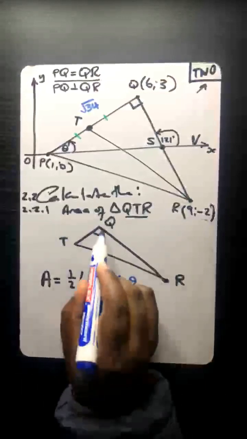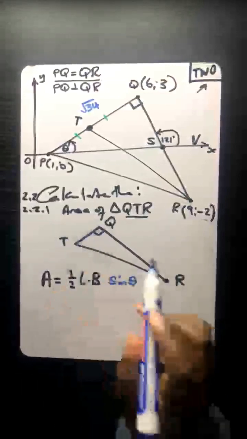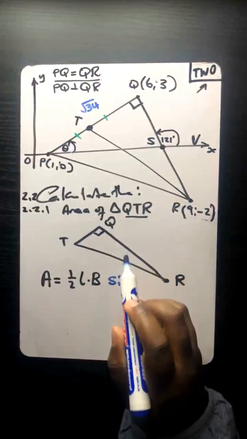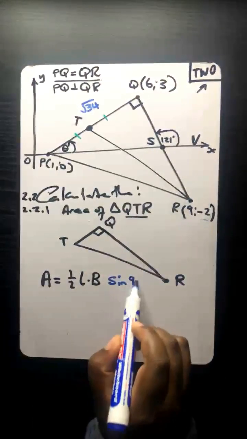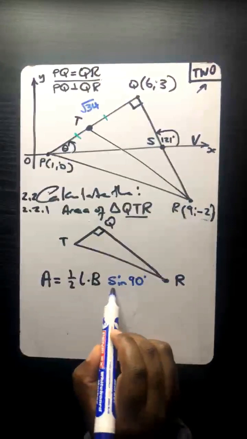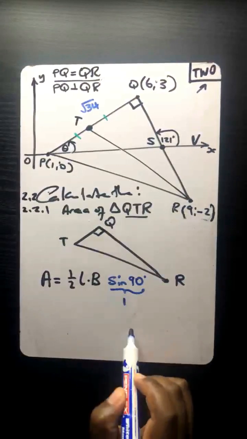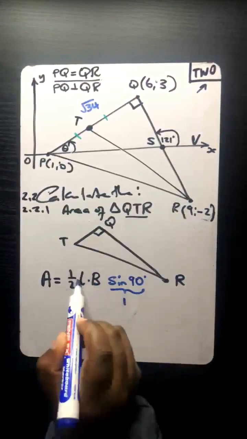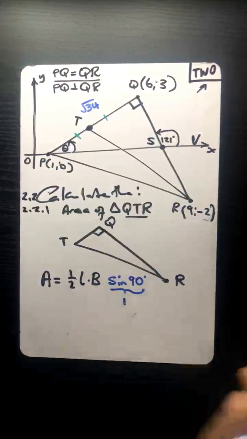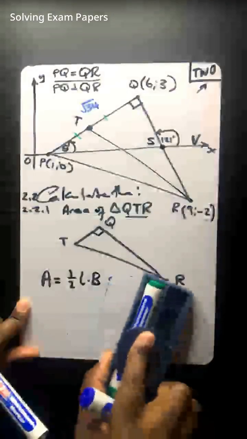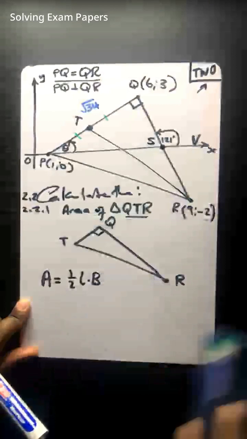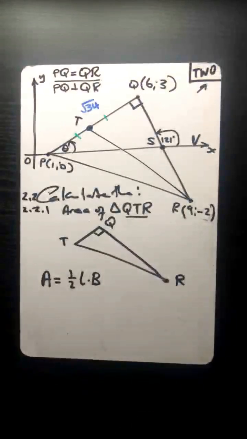But in this case, because an angle is 90, it doesn't matter even if you use the formula having sine, because when you say sine 90 degrees, it ends up being 1. So 1 multiplying by that doesn't change anything. Just always remember that.